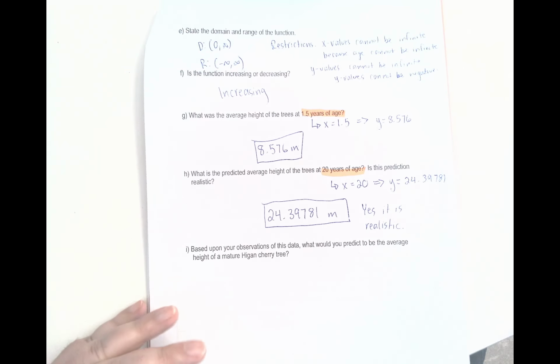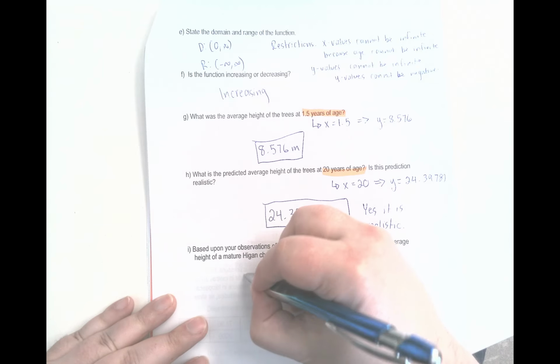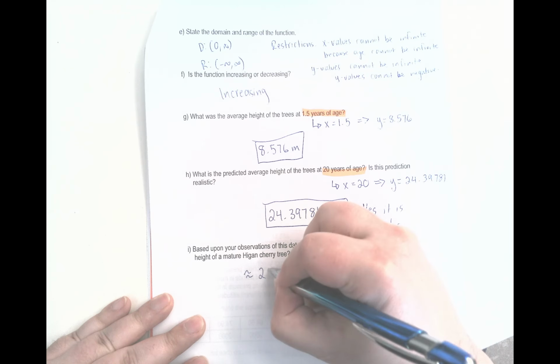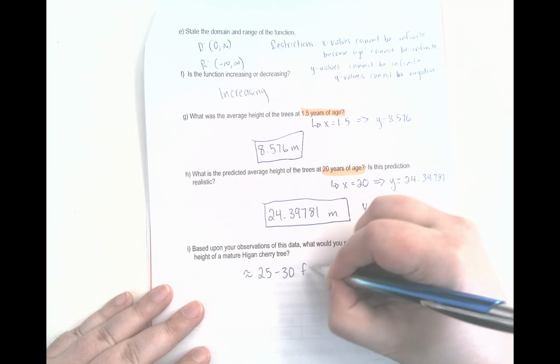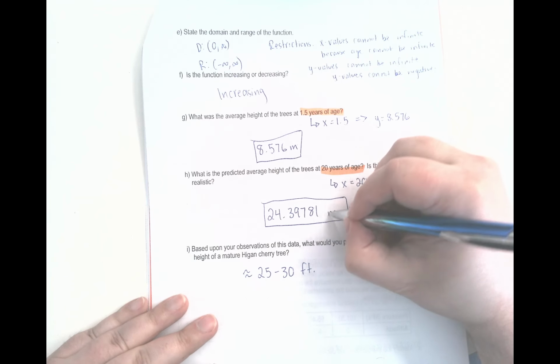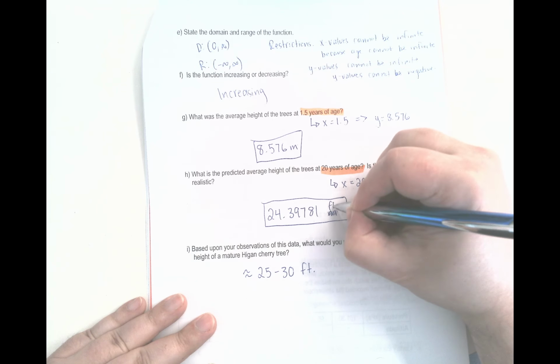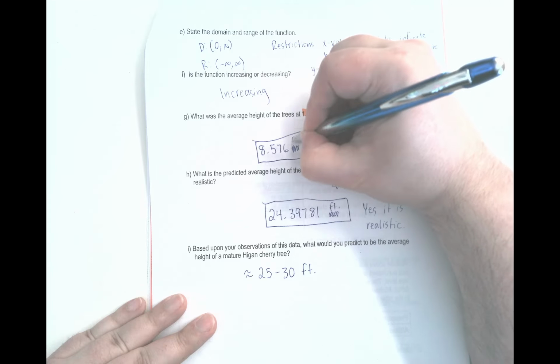Again, I don't know how long these trees tend to live, but I would say around 25 to 30. Also, I realize that the numbers are in feet. They're not in meters. So I'm going to change all of these to feet here.